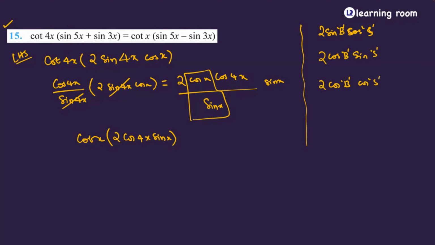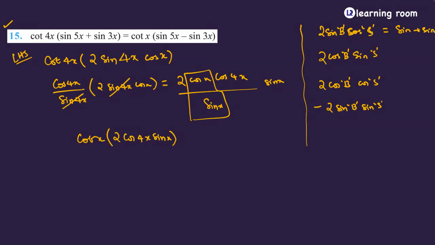Or you can have minus 2 sin of bigger angle, sin of smaller angle. I hope this point is strongly registered in your mind. So this is the order: sin big, cos small, cos big, sin small, cos cos, sin sin with a minus sign.